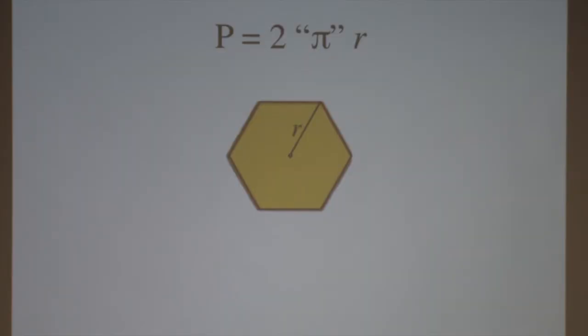So use your pattern blocks to figure out the perimeter pi for a regular hexagon. This can be easily done with the pattern blocks. Just cover it with triangles. And so what would be pi for this?